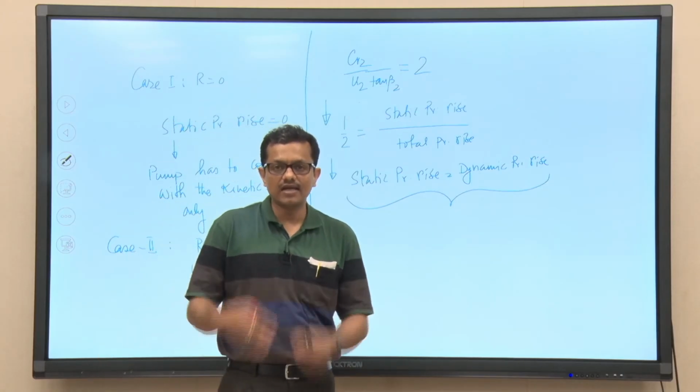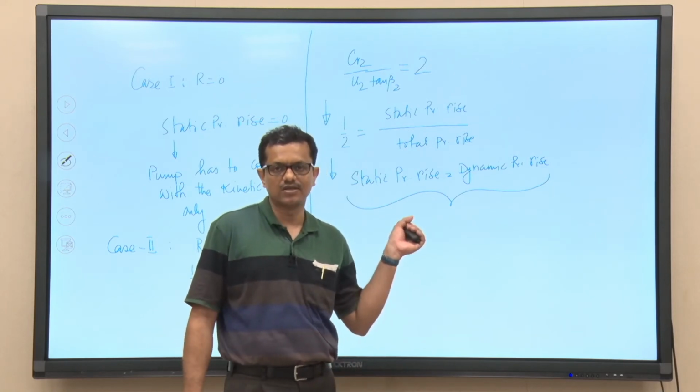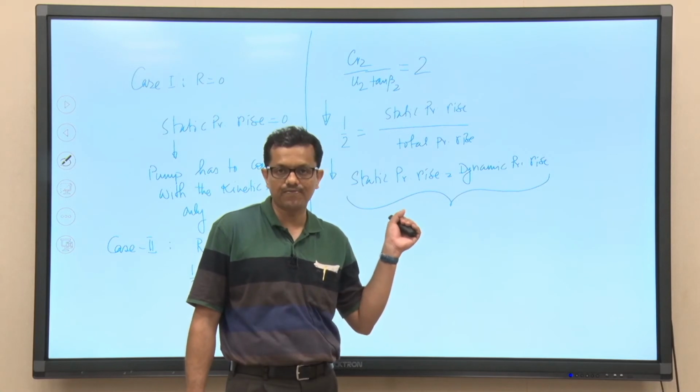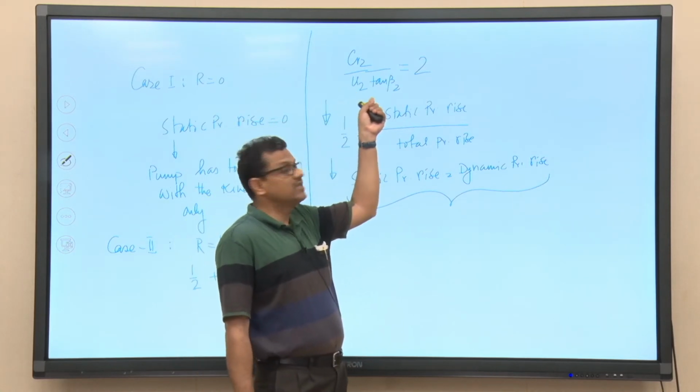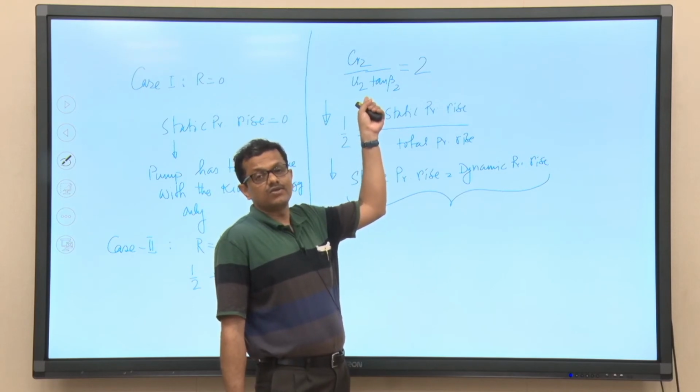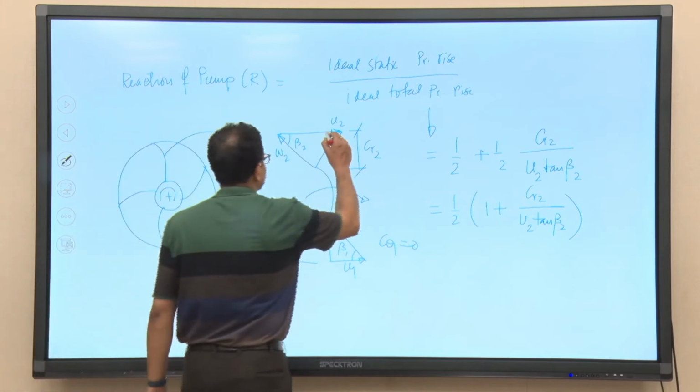So, the net pressure that will be developed by the pump when the degree of reaction is half can be obtained by tuning design parameters like blade angle beta 2 and also CR2, because this angle is alpha 2.